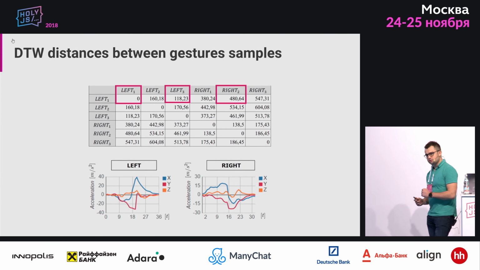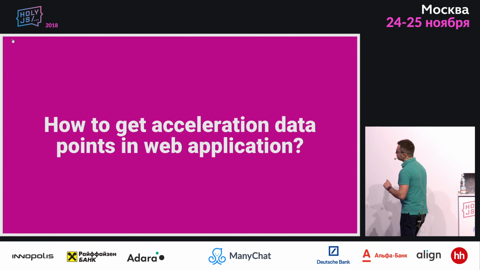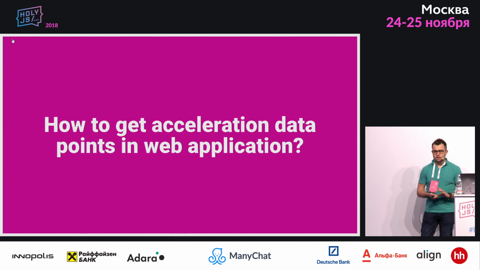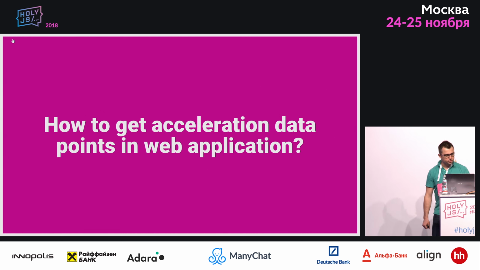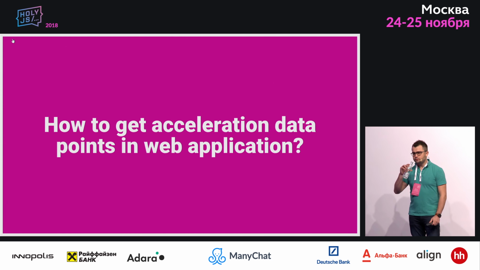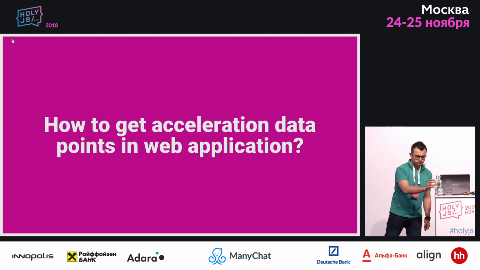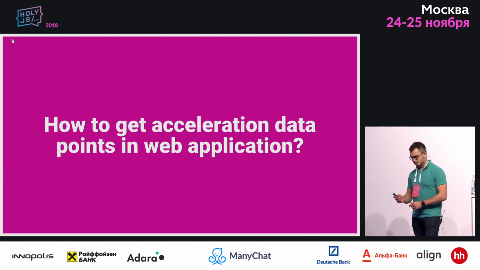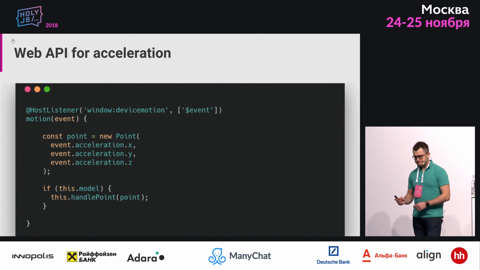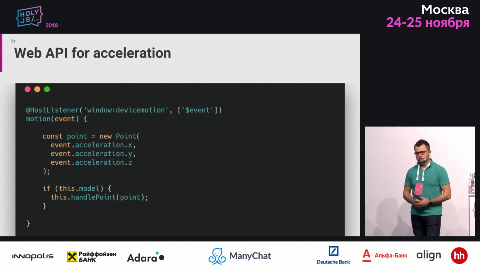Do we have all we need? Let's see. One of the last pieces that we need is how to get those points in the web application. There is an event in the browser which is called device motion.